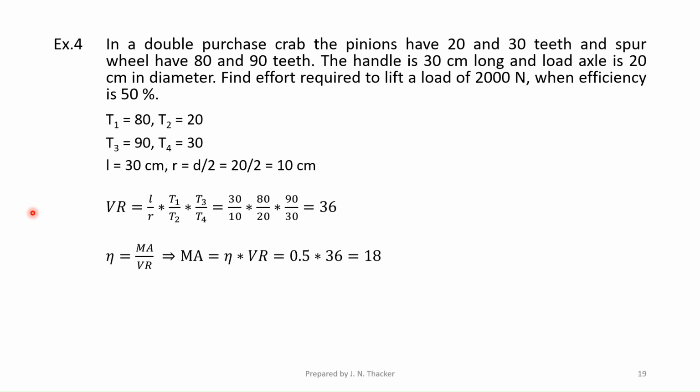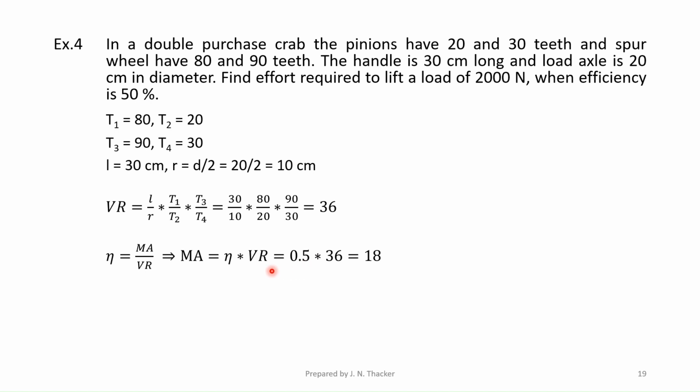Then efficiency eta. Eta is MA by VR. So if we need MA will be eta into VR. VR will be in multiplication on the other side. So mechanical advantage is efficiency into velocity ratio. Efficiency is given 50%, but we will calculate here in decimal terms. So we write it as 0.5.